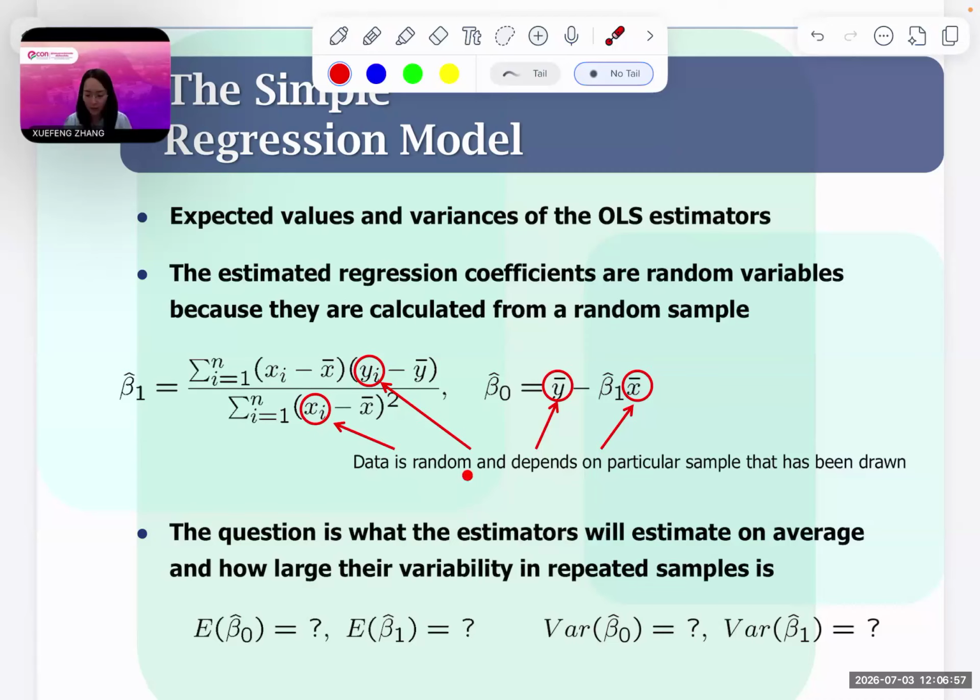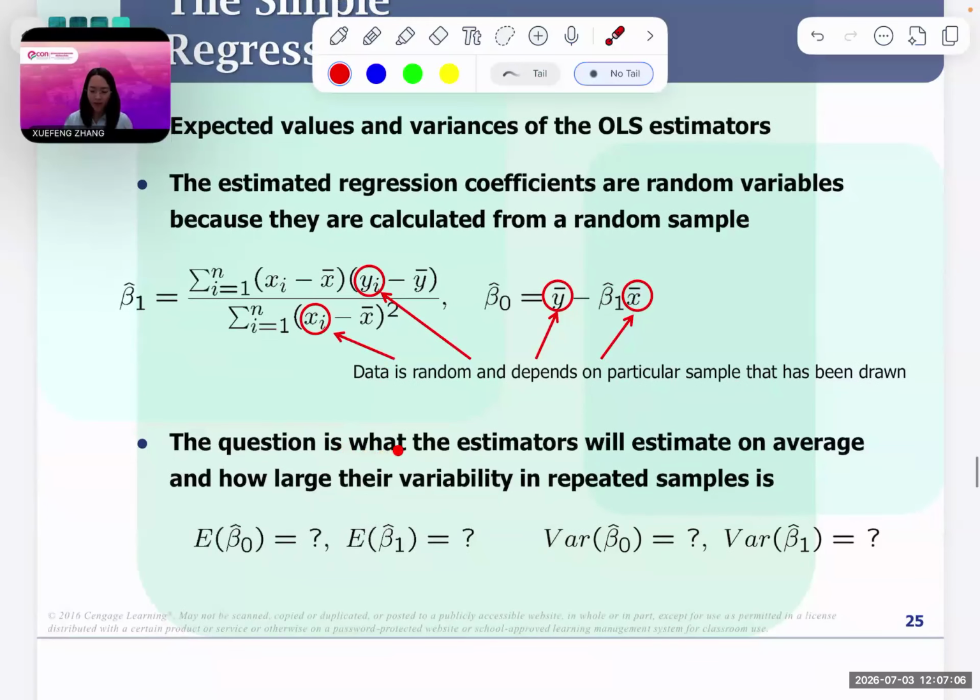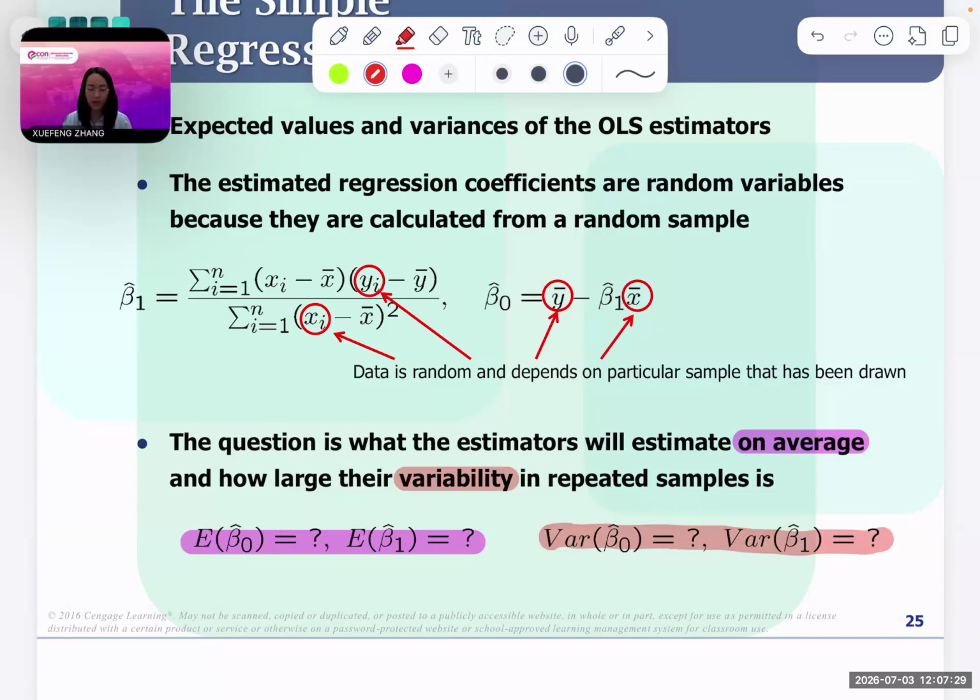So data is random and depends on the particular sample that has been drawn from the population. The question is what the estimators will estimate on average and how large their variability is in repeated samples, okay? So here, on average means the expectation, and variability means the variance, okay?